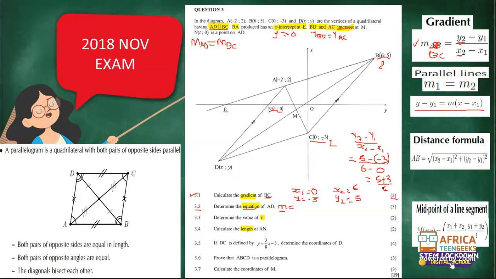Hope you can see that this is a 6. And then you would have 5 plus 3, which is 8, divided by 6. And if you simplify this further, this would be 4 over 3. Do we all understand? Okay, let's go back.